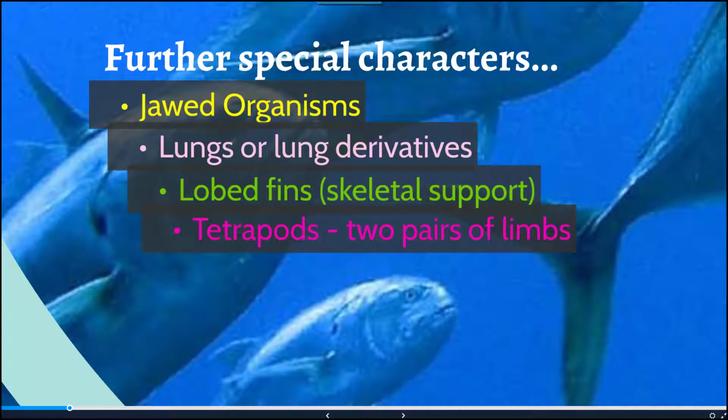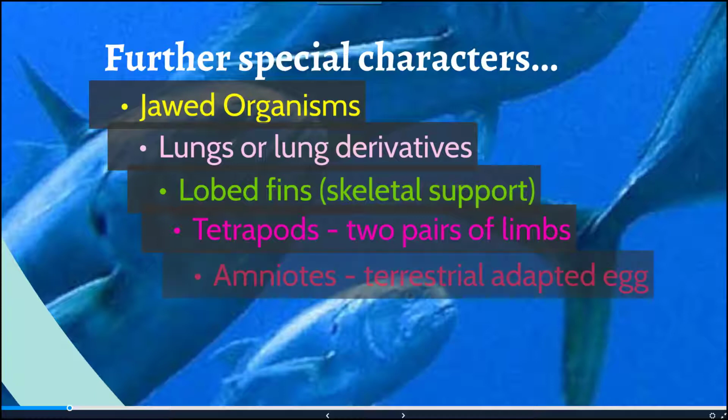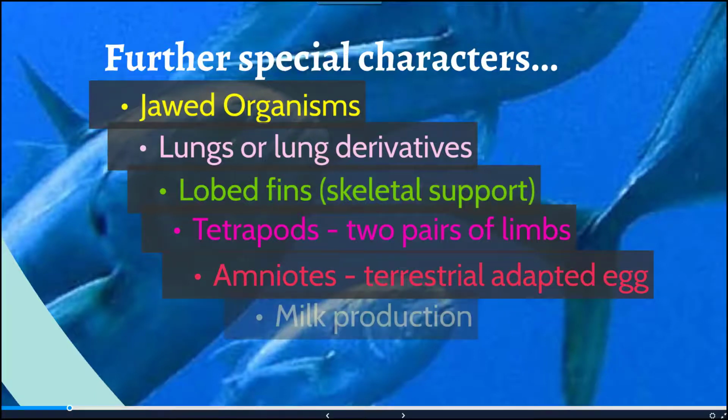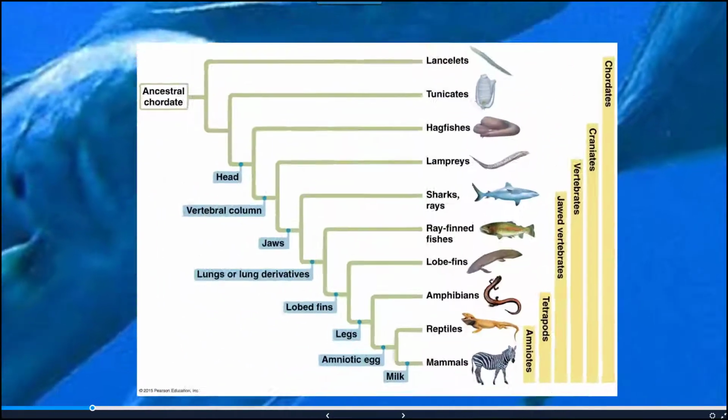And then we see the arrival of tetrapods, which are organisms that have two pairs of limbs. Finally, we have this term amniotes, which refers to the terrestrial adapted egg. And lastly, in mammals, we find milk production.